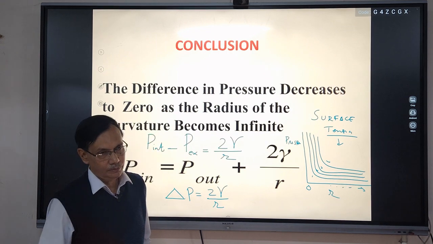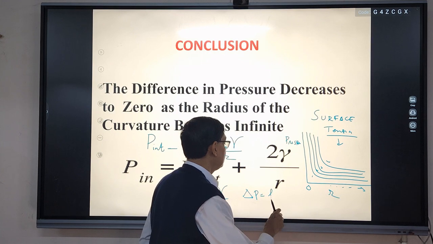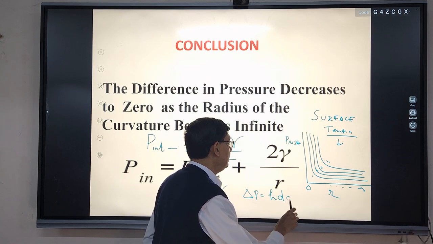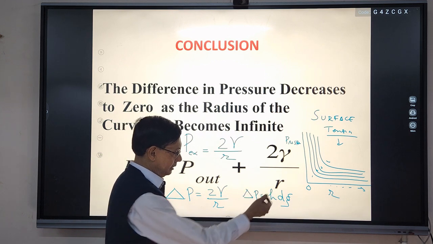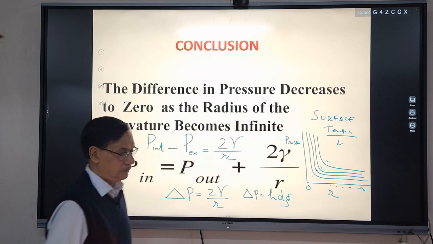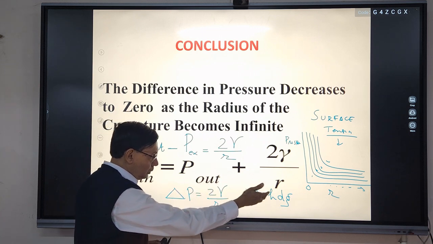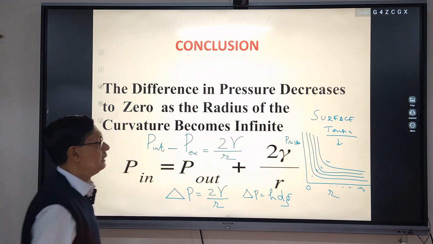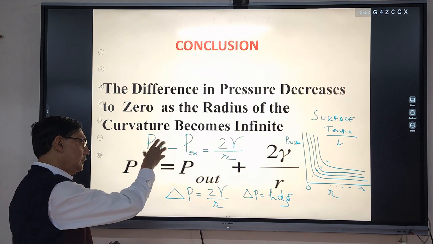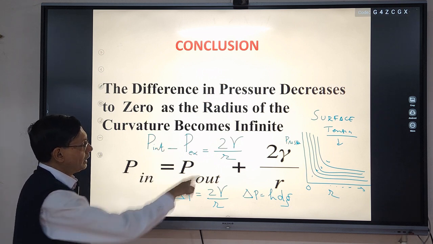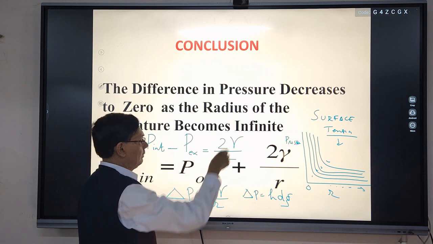And you all know that the change in pressure is also dependent upon h d g: h is the height, d is the density, and g is the acceleration due to gravity. If you equate these two equations, 2 gamma by R equals h d g, so you can also calculate the height of that meniscus. If you know the internal and external pressure, you can also calculate the surface tension.